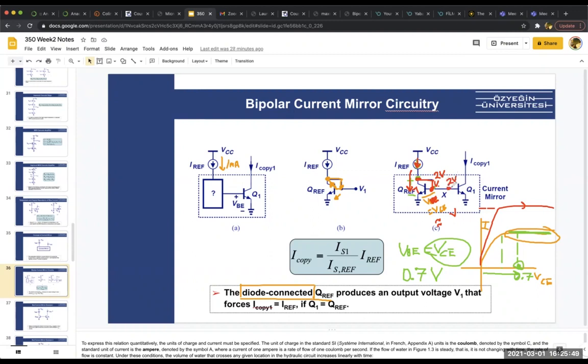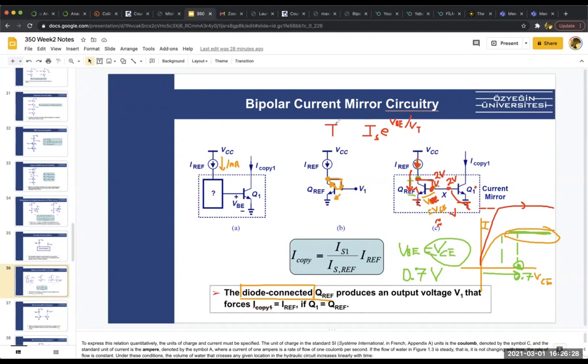Because we connect in series this way. And now this is ground. This is ground. So the same 2 volts will show up here. And depending on the size of this transistor, because for these BJTs, IS matters, right? The formula is IS times exponential VBE over VT.